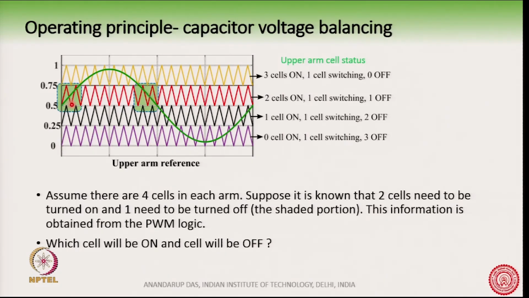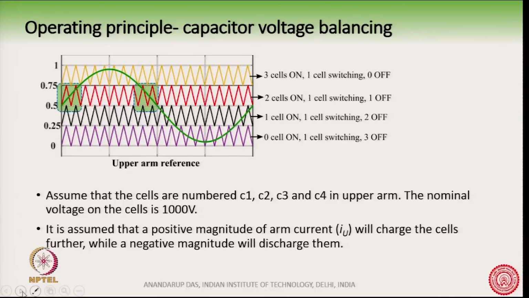From the PWM technique which we have discussed, we find that 2 cells need to be turned on and 1 cell needs the switching, because 2 cells are supporting the voltage here, and 1 cell needs the PWM switching here and 1 will be off. Now, the question is which cell will be on and which cell will be off. This is decided by the sorting algorithm.